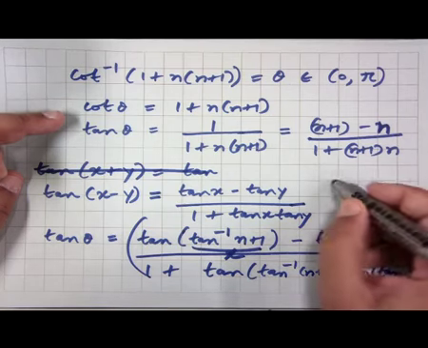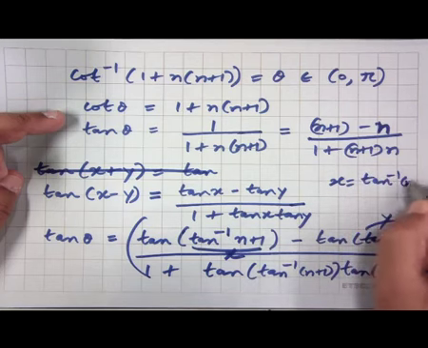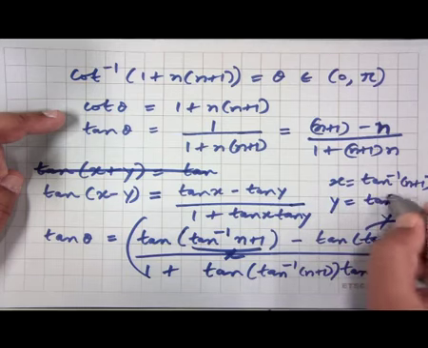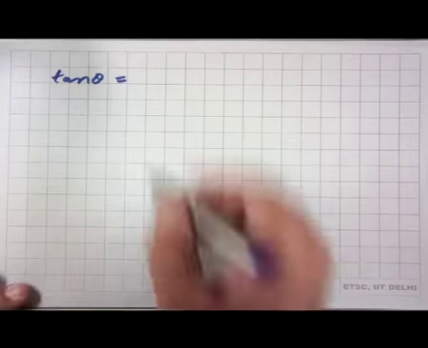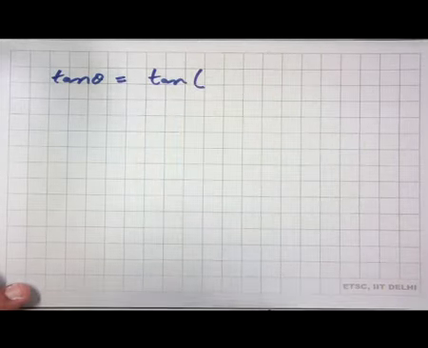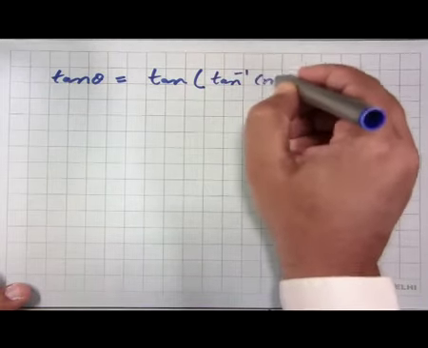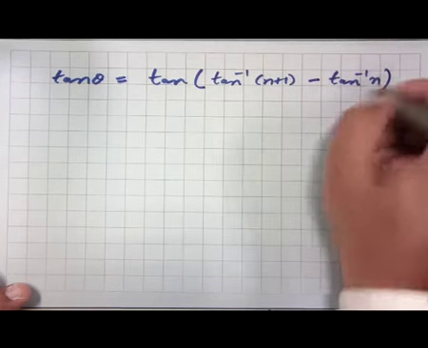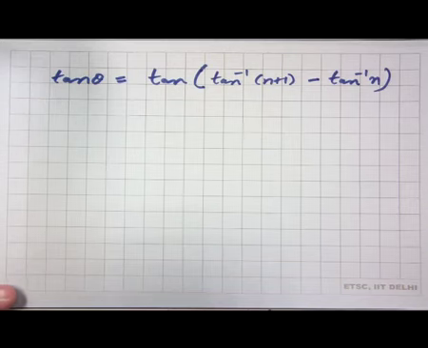Here x is tan inverse of n plus 1, and y is tan inverse of n. So, we get tan theta to be equal to tan of x minus y, which is tan inverse of n plus 1 minus tan inverse of n. So, this is what we have got so far.